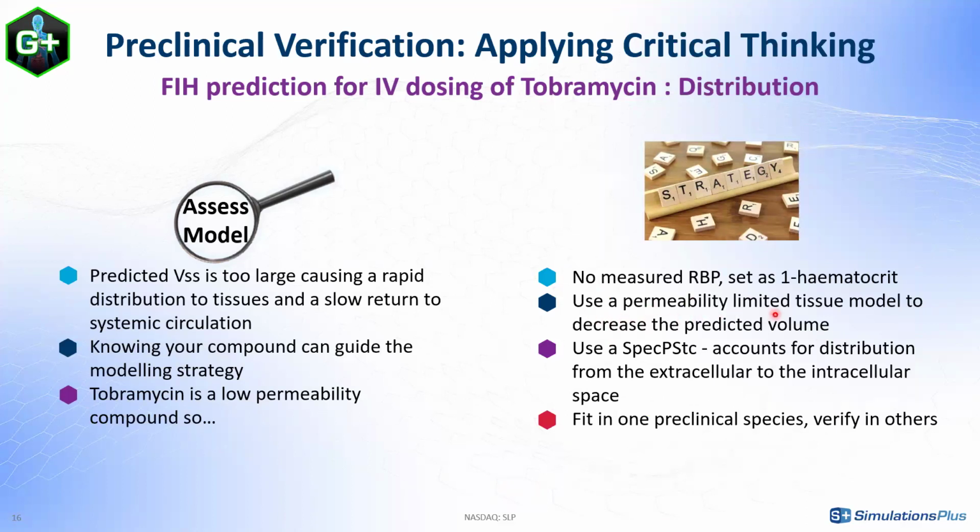We can use a permeability-limited tissue model to decrease the predicted volume, and we can use a specific PSTC to try and model the volume of distribution in rats. The specific PSTC accounts for distribution from the extracellular to the intracellular space of a permeability-limited tissue. And we can aim to fit these values in one preclinical species, which will allow us to verify them in others.